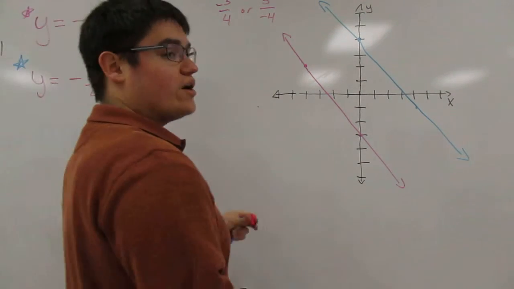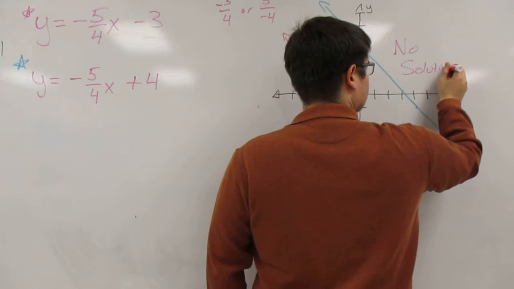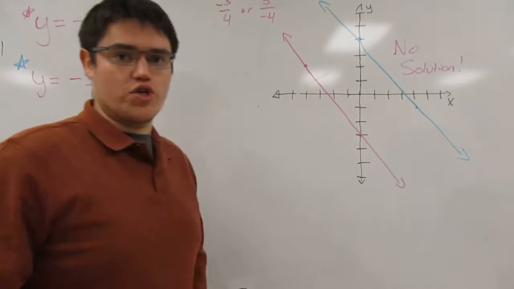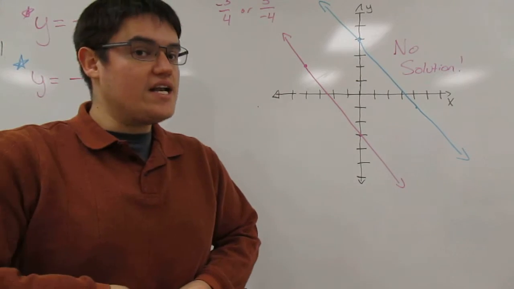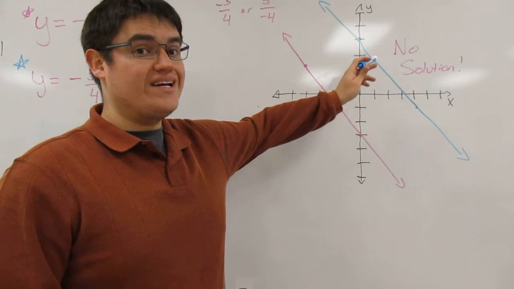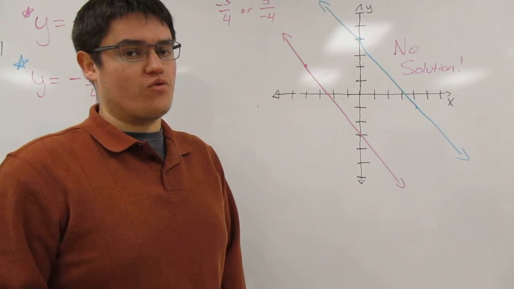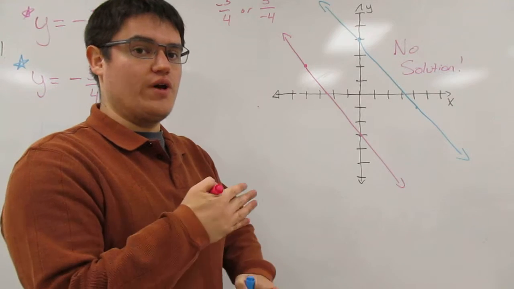So our answer here would be no solution. And that again is because there's no ordered pair that works for the blue and at the same time works for the pink. Whereas in the previous example, you had where they intersected.